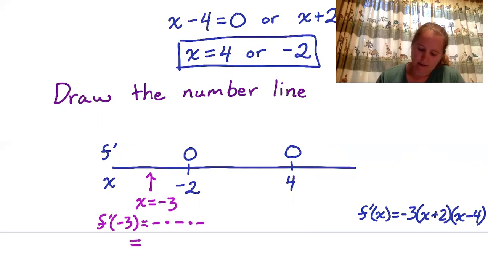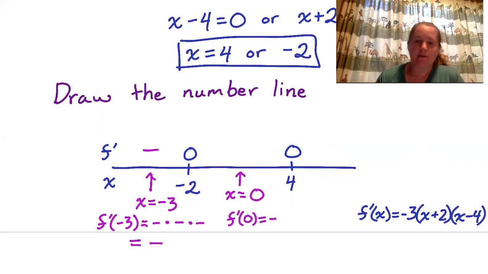And so we get a negative result. If I pick, say, x equals 0 in between negative 2 and 4, f prime of 0 will have a negative for the negative 3, and then 0 plus 2 is now positive, but 0 minus 4 is still negative. And so we now have a positive outcome.